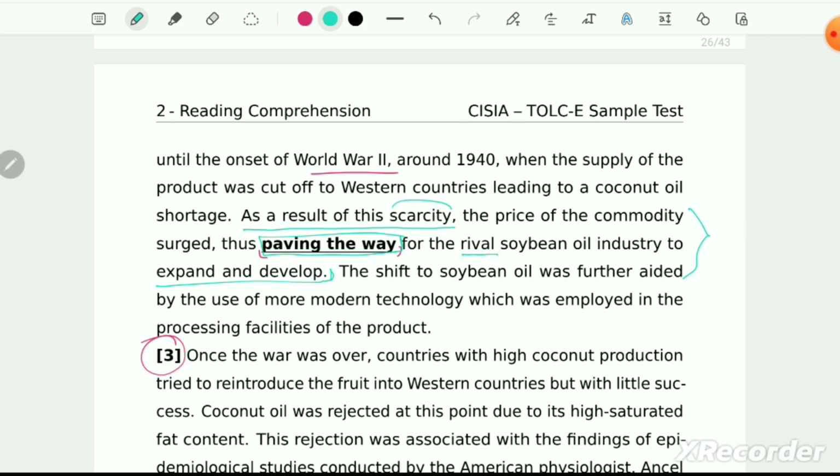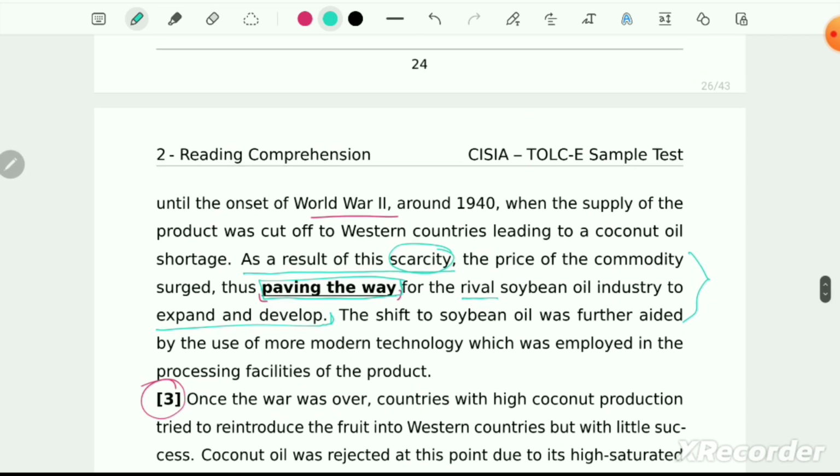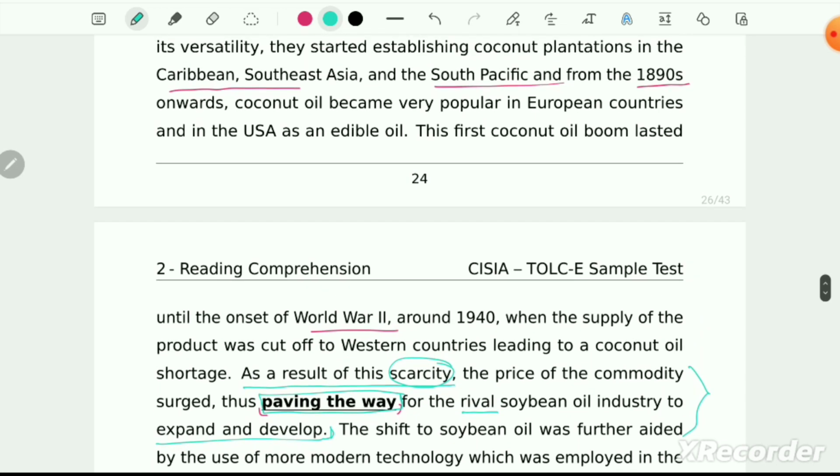So what is the scarcity? To understand that, let's read the previous sentence, then it would be clear. The first coconut oil boom lasted until the onset of World War II around 1940. That means the boom means something appeared very quickly.